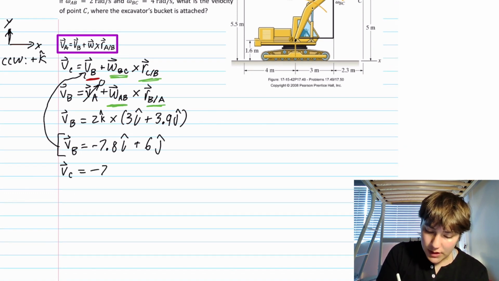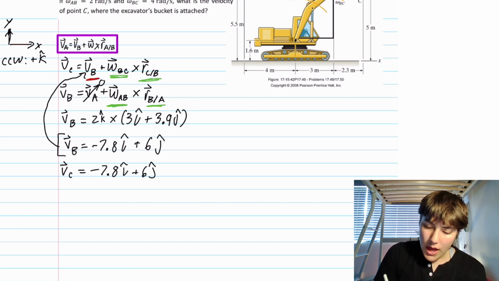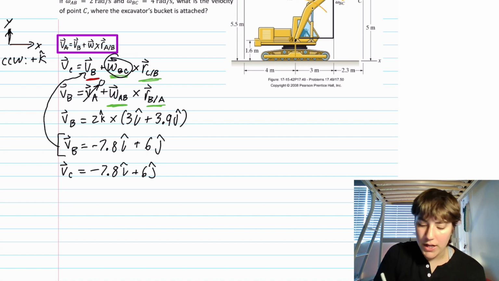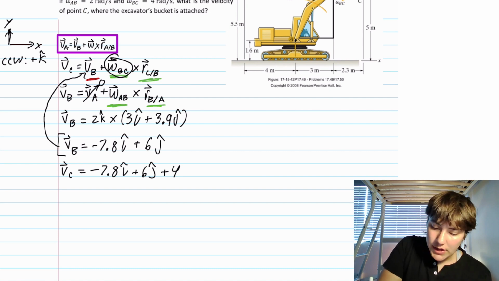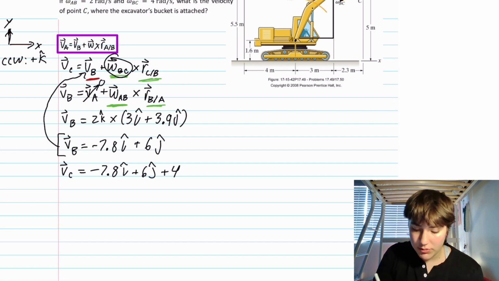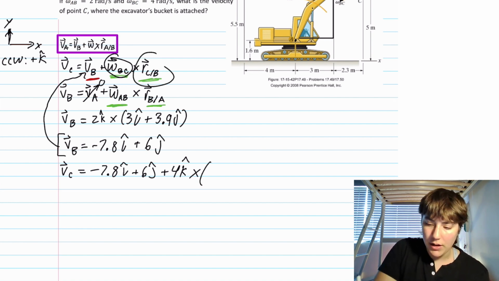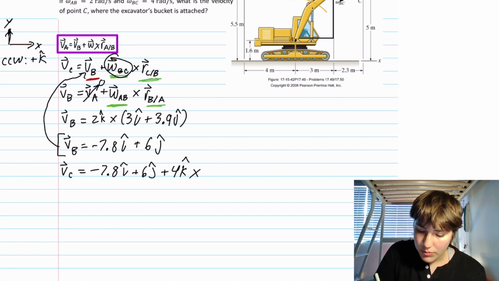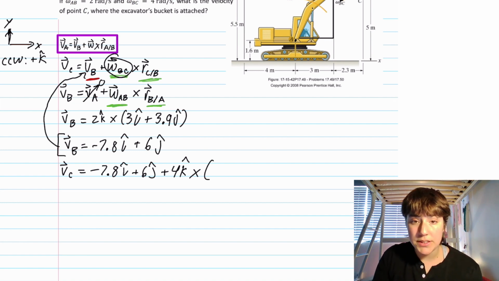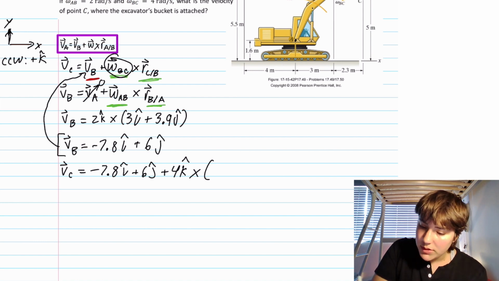So the velocity of C equals this, because we're plugging it in. And then we need this term right here. They gave that to us, so plus 4. And is it counterclockwise? Yes, it is. BC is counterclockwise, so it's positive. So k crossed with the position vector right here, the position from B to C. Let's erase that.